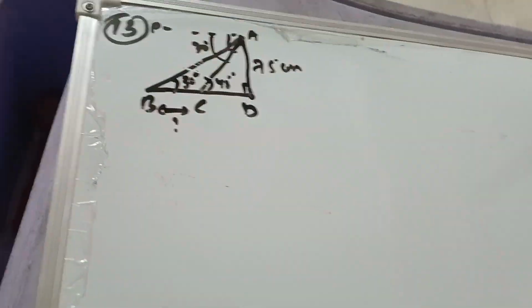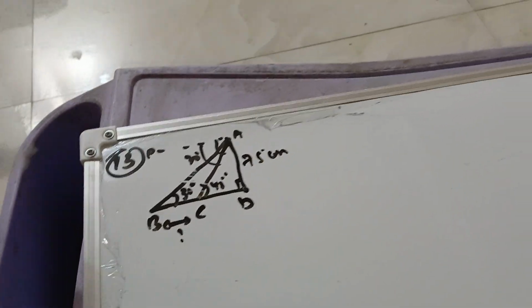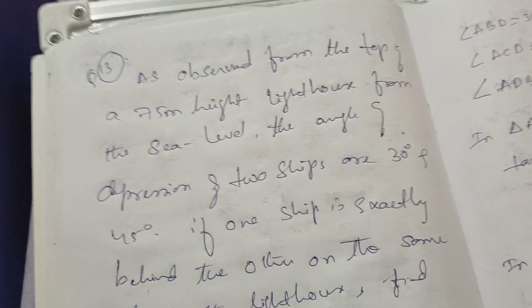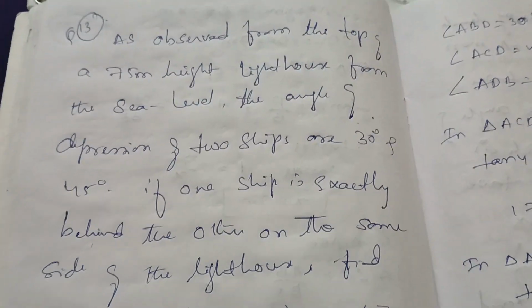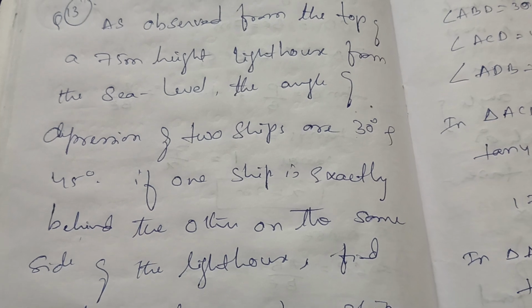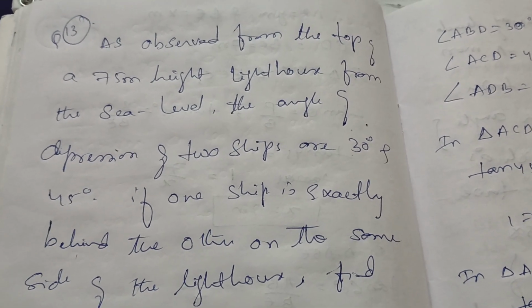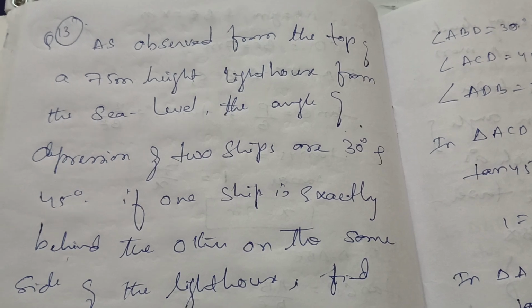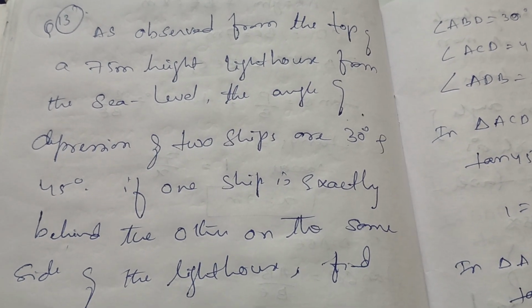So let's see what is our 13th problem here. As observed from the top of a 75 meter high lighthouse above the sea level, the angles of depression of two ships are 30 degree and 45 degree.